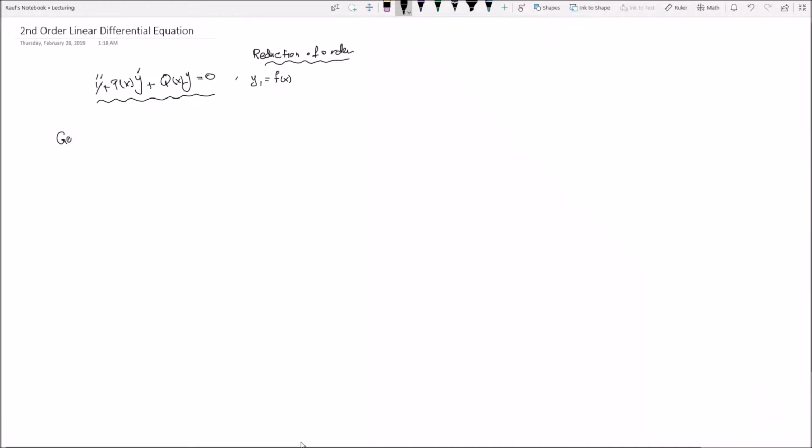Now the general solution of this equation has a known form: y of x equals c1 multiplied by y1 plus c2 multiplied by y2. In this case, y1 is given in the problem. You just need to find y2.